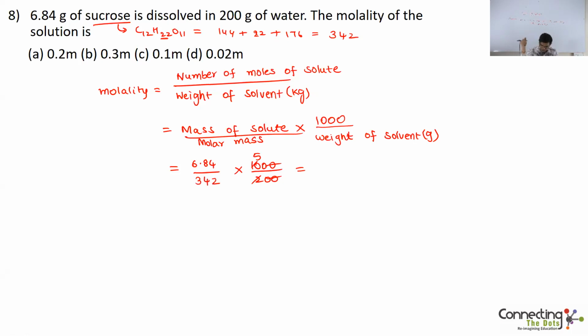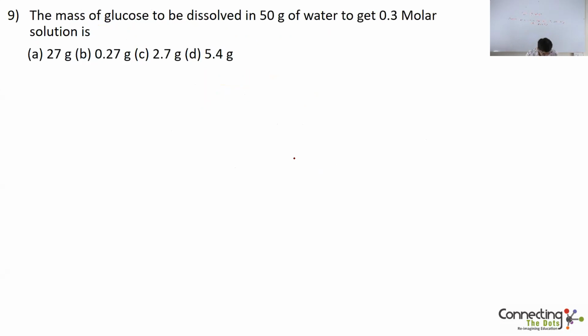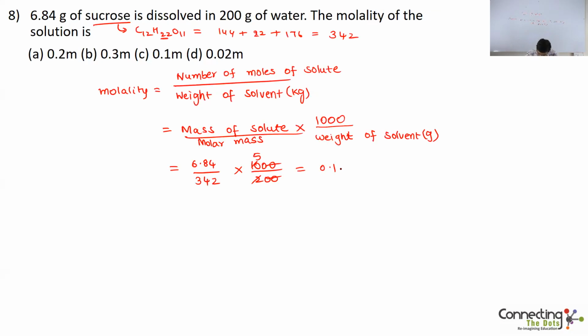So now when you calculate it, it becomes 6.84 multiplied by 5 is equal to 34.2 divided by 342. So I'm getting 0.1 molal.